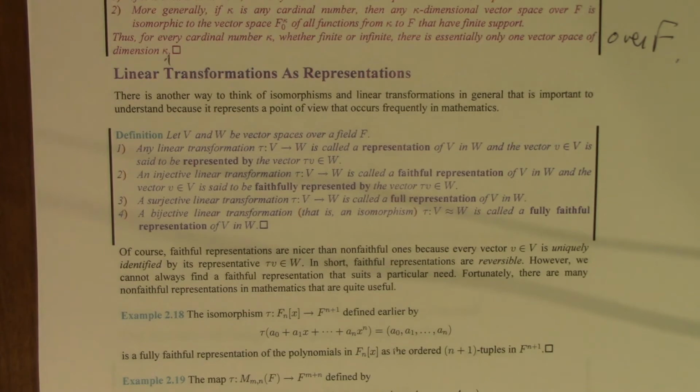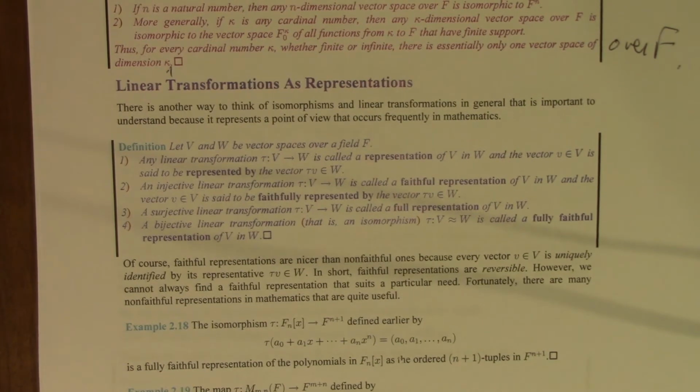If you study more advanced abstract algebra, you may study, for example, group representations. And there are other forms of representations throughout mathematics. It's just a particular point of view.